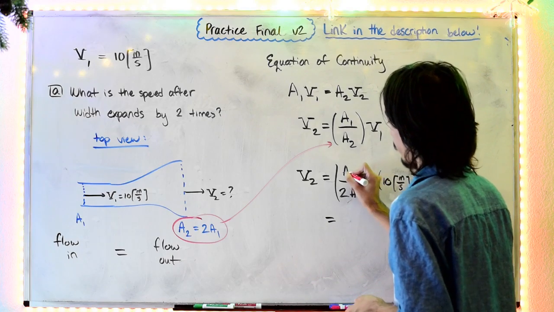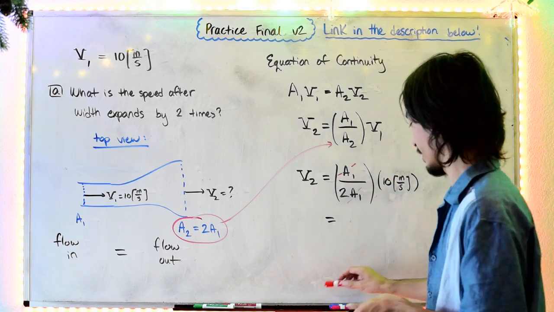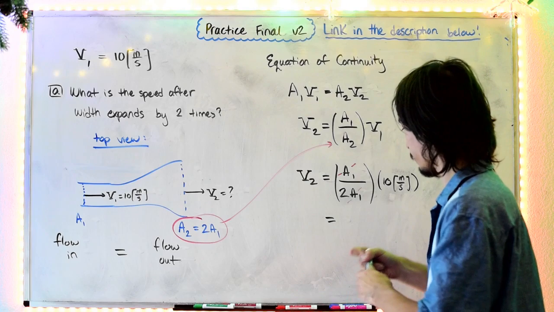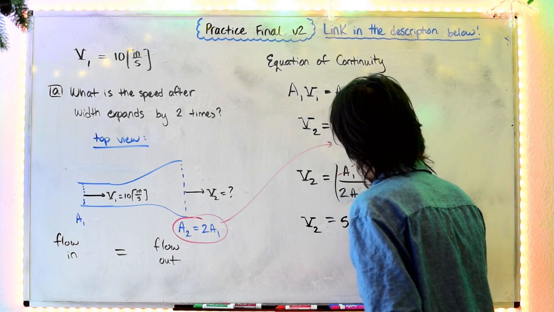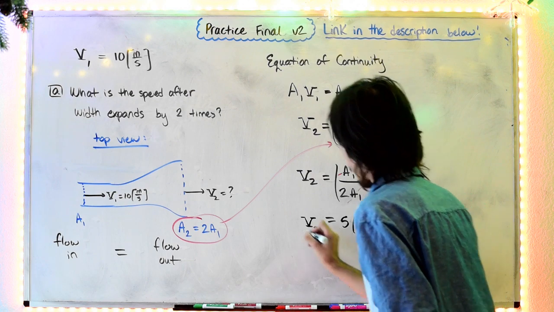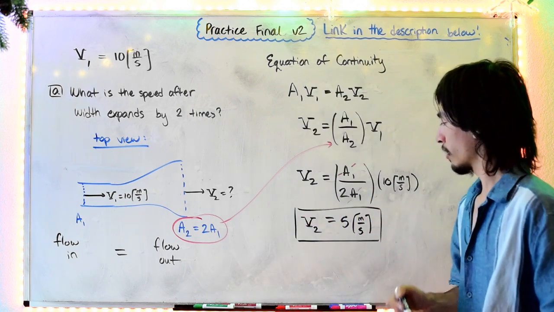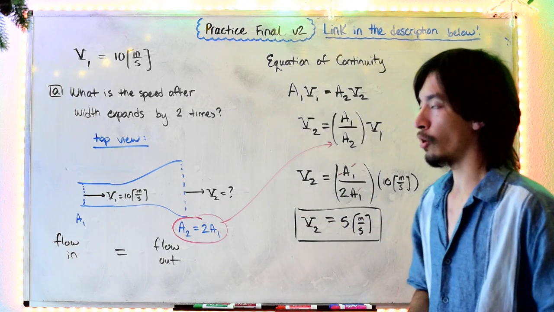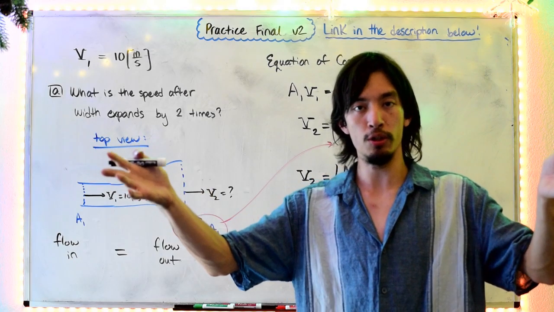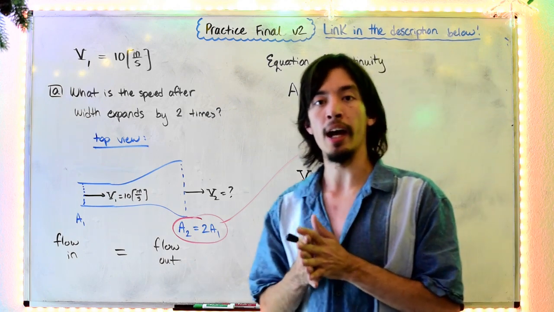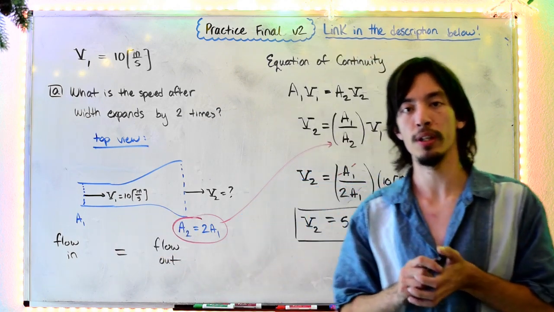And it's just 1/2 of 10, which is 5 meters per second. So V2 is 5 meters per second. So you widen up the river twice as much, assuming the depth stays constant, and then the velocity ends up cutting in half as a result.